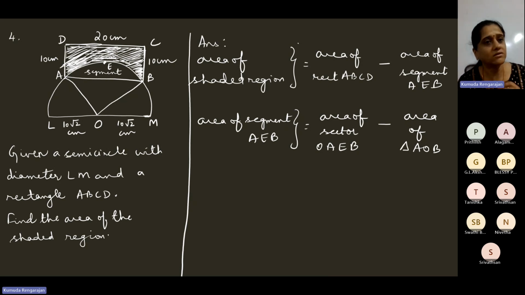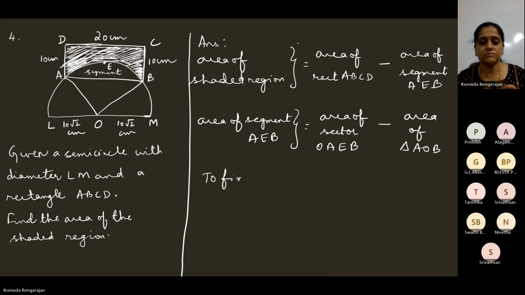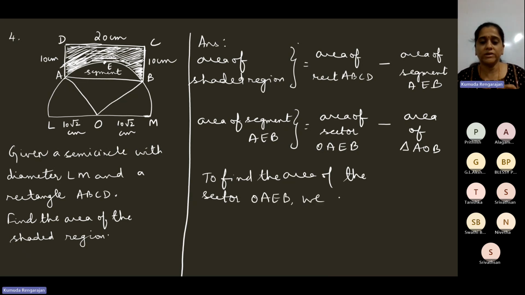For that sector angle, so to find the area of the sector OAEB, we need the sector angle AOB.